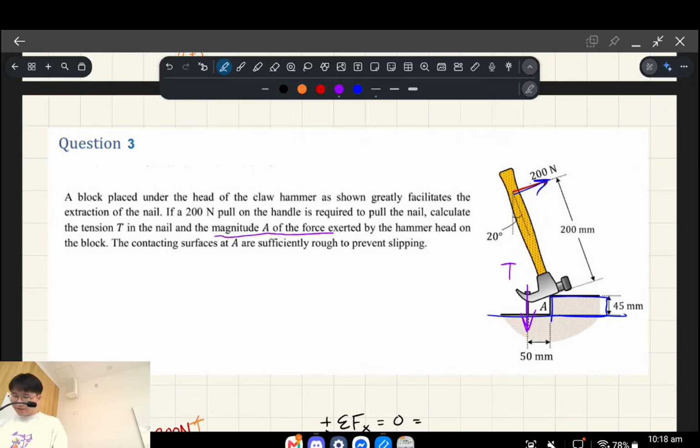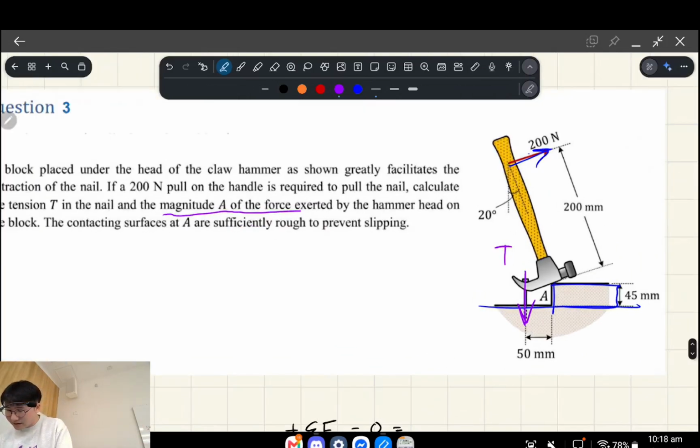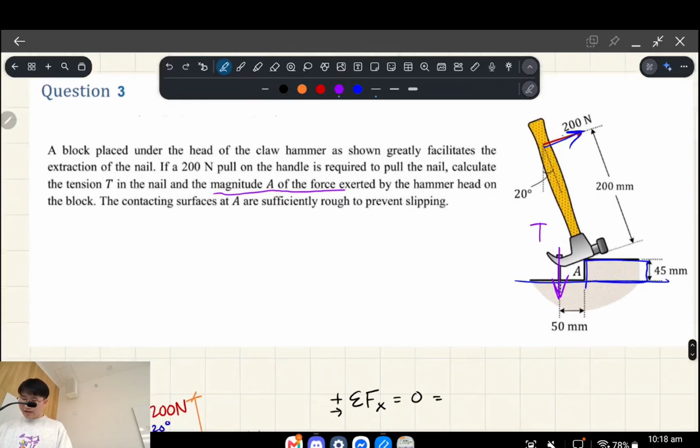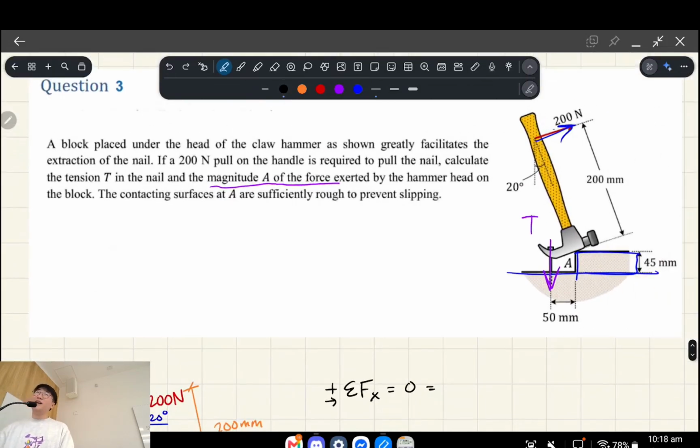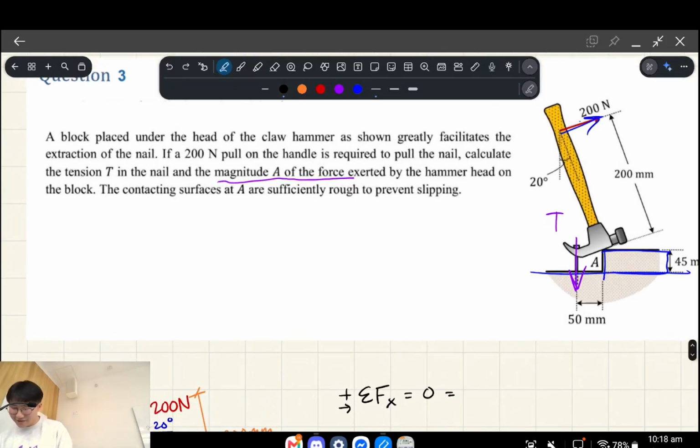Okay, so there's a few things to explain about how this system's supported before we dive into it. The first thing to realize is what kind of support is actually happening here. The answer lies in how we translate a physical system into a mathematical representation. What do I mean by that?